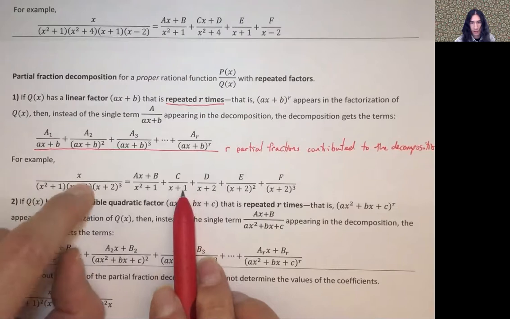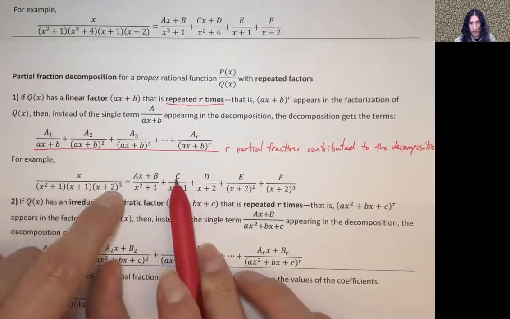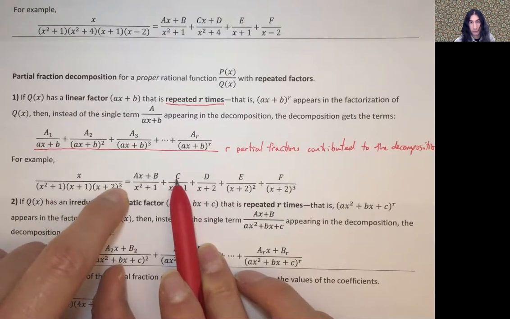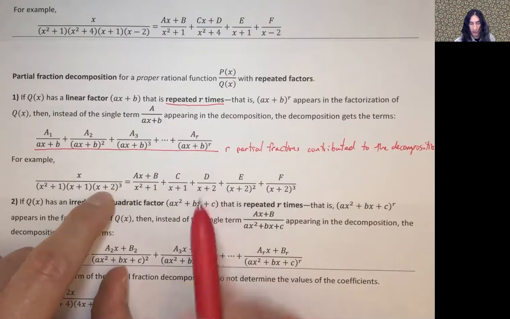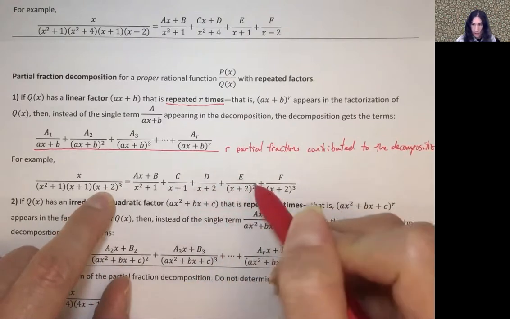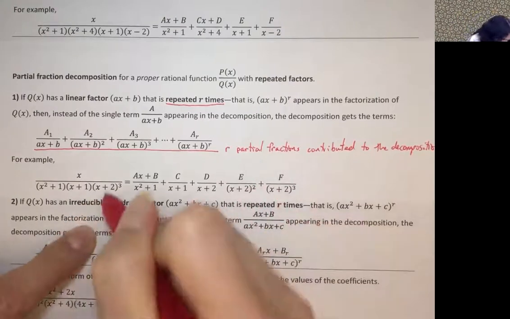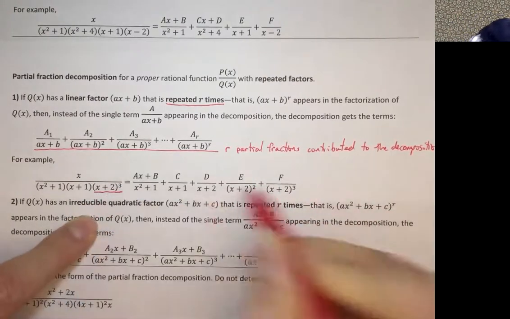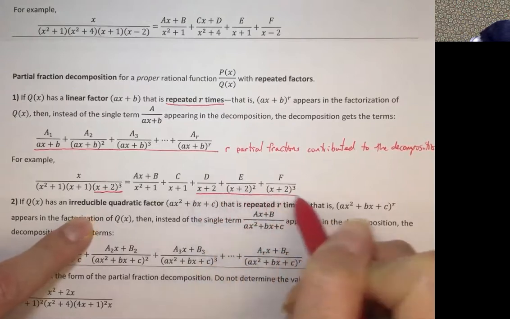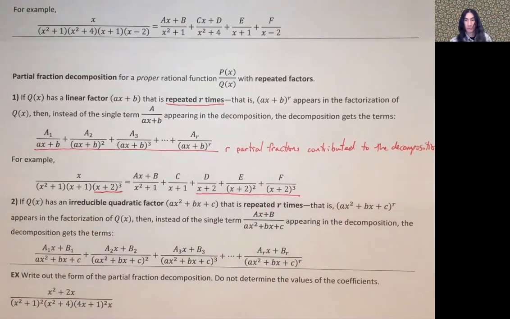Over here, we have a linear factor, and so we have an unknown constant. And then we have this linear term, which is not distinct. It's been repeated 3 times. And so we have to list it out, 1, 2, and 3, okay? So this guy right here goes with all of those 3 things being contributed to the partial fraction decomposition, okay?